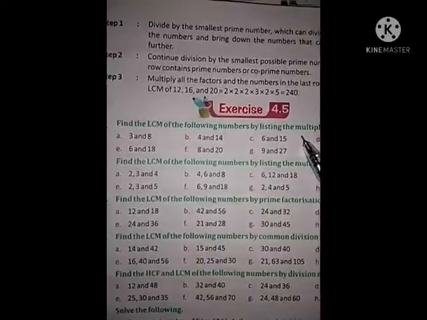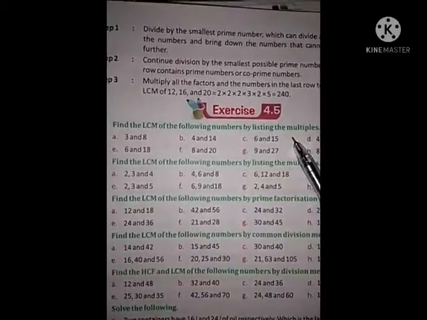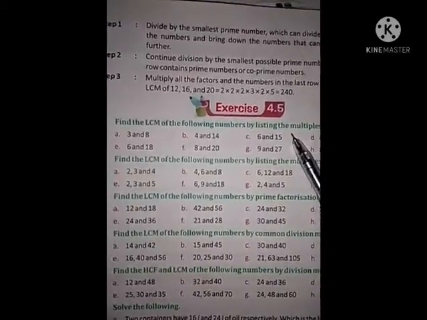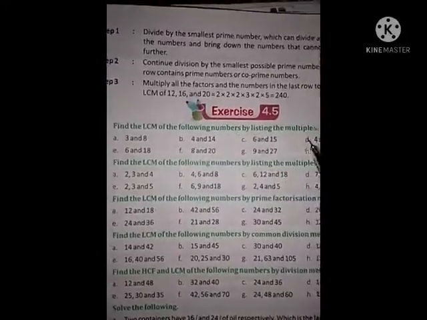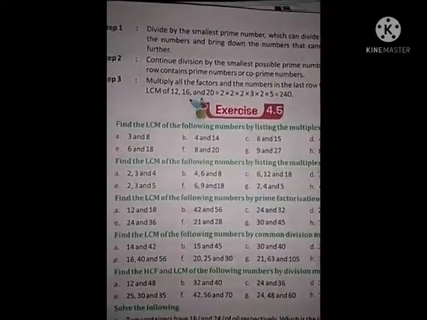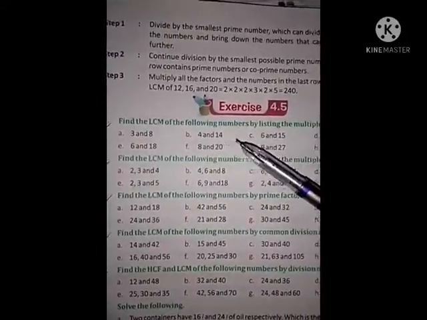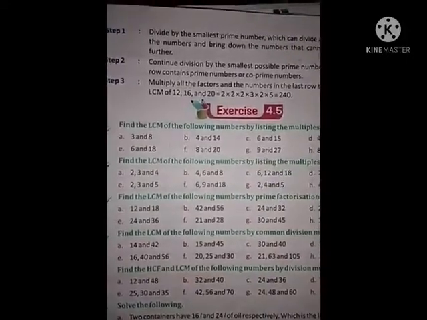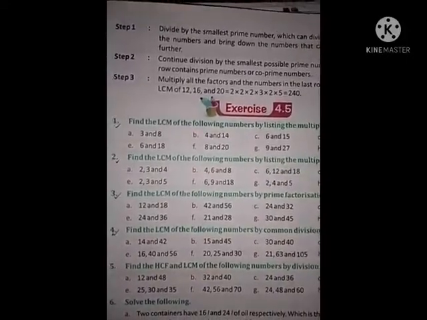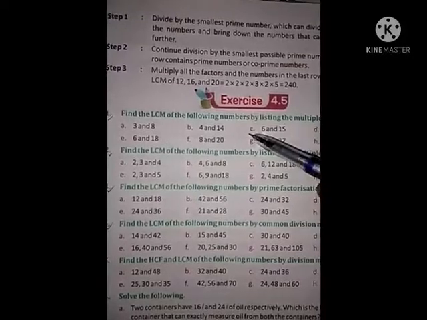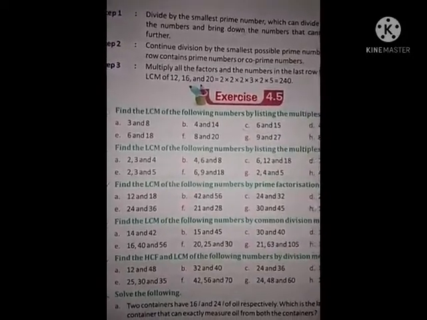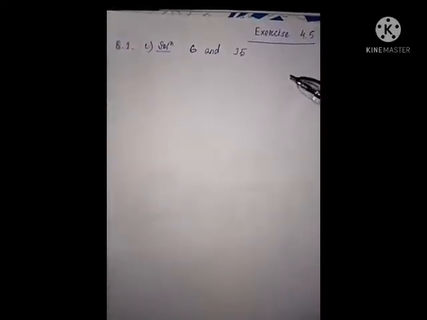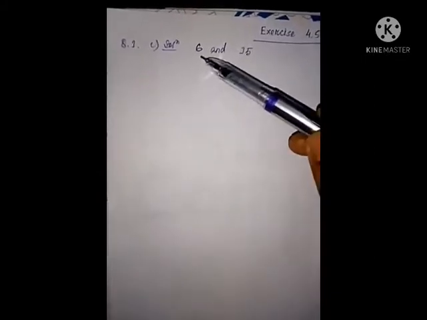So we already discussed in our previous class about how to find out LCM by listing the multiples. So I am going to do one example for you. You have to do the others. Okay, see, I am going to do this. See, we have to write multiples of 6 and 15.